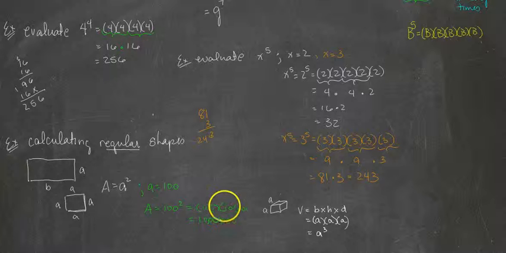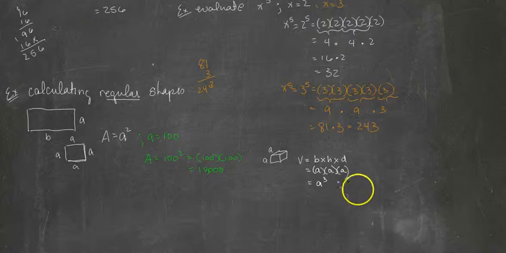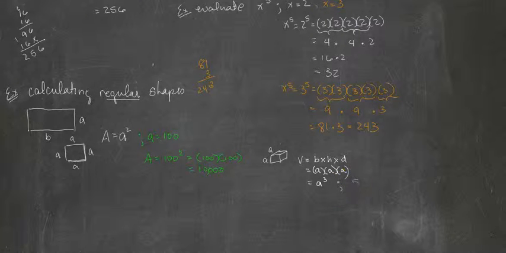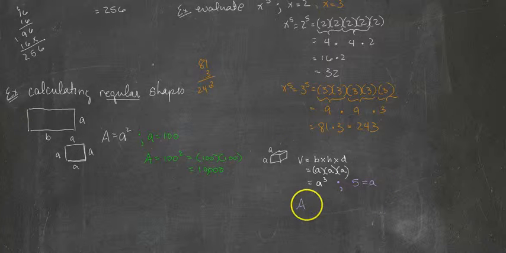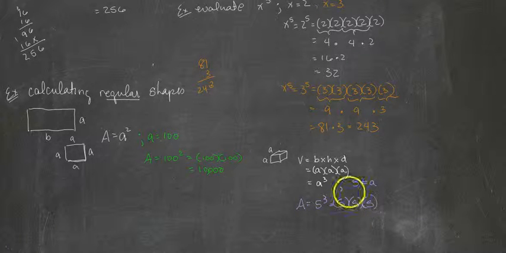So if A is still 100, let's change it up. Let's say in this case, we want the side length to be 5. So 5 equals A. To calculate the volume of this cube, I would have 5 cubed, which is 5 times 5 times 5, which we already showed in a previous problem, equals 125 cubic measures.